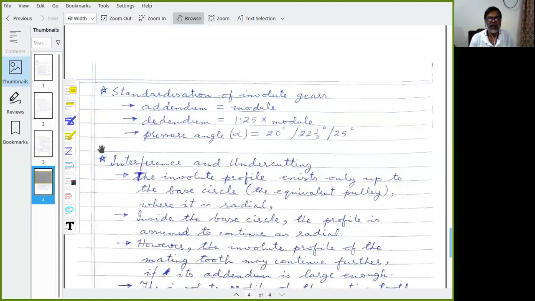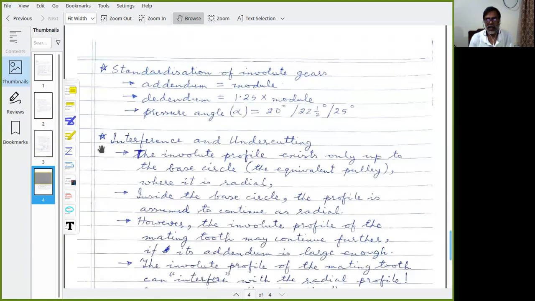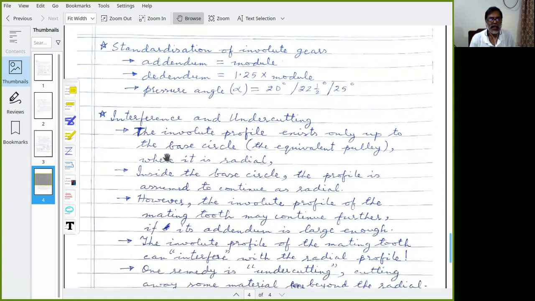Now a few other things which you should know in general about standardization. Addendum is the same as the module. Dedendum is 1.25 times the module. And the pressure angle is typically kept 20 degrees, 22.5 degrees or 25 degrees.